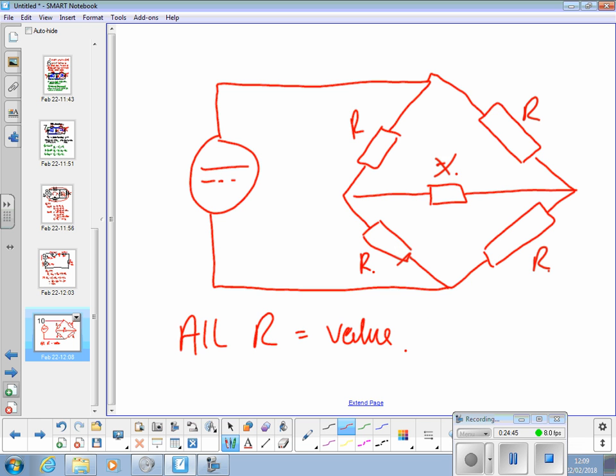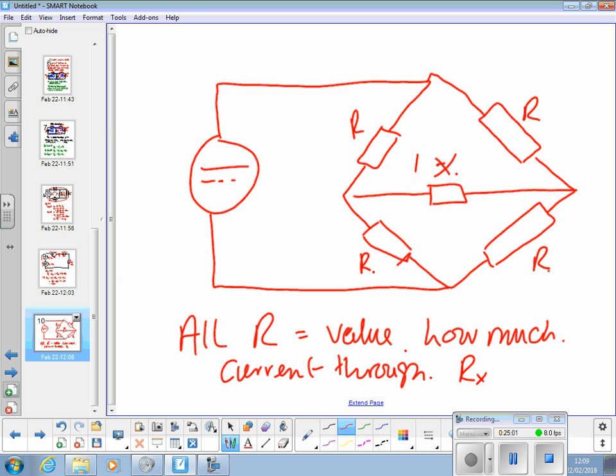A square of three resistors of all equal value and a resistor Rx across the middle, 10 volts.